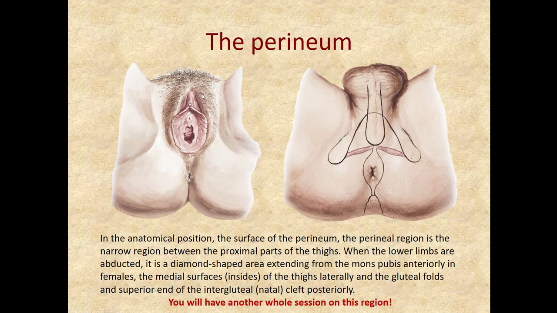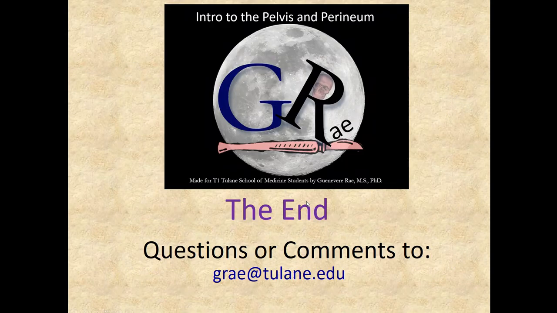But if you're trying to do an examination on a patient, you're probably going to be doing the examination from this position. So it's good to get your bearings, for example, here's the coccyx, here's your ischial tuberosities, here's the pubic arch, and get that laid out in your mind so that when you're doing an examination, you know what the underlying structures are. If someone has swelling or pain or lesions, you know what is going to be related to that area.